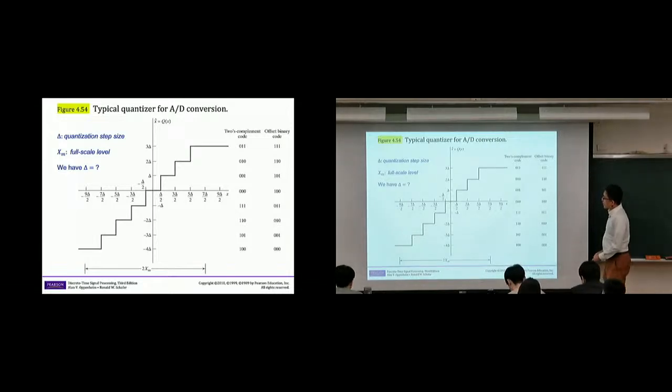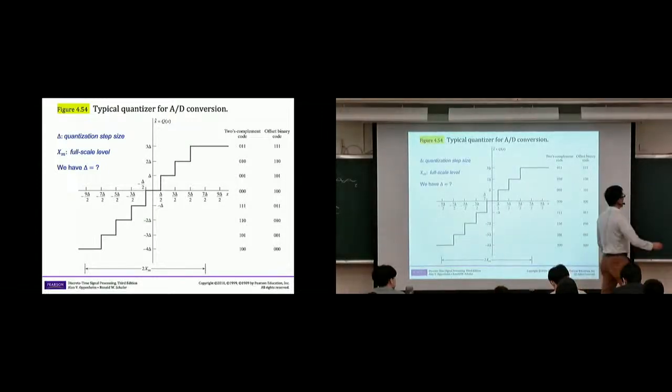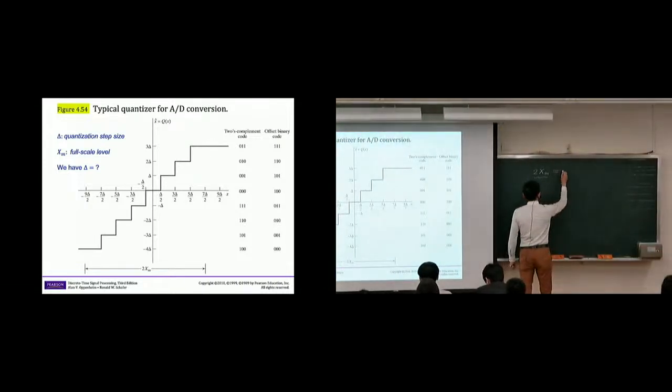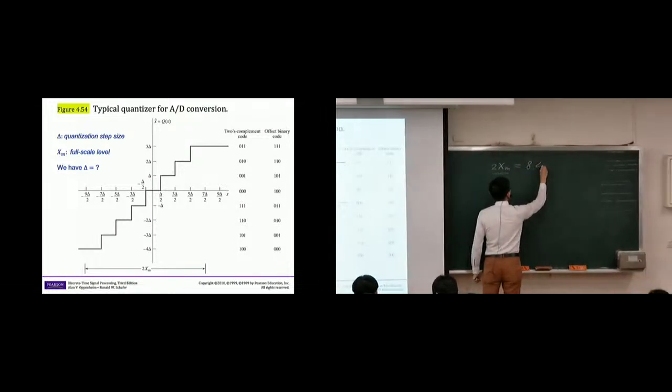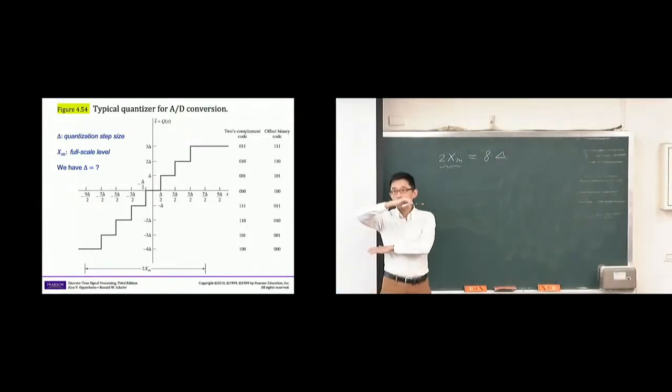Conceptually, I'm going to say this first. Since the full range is 2xm, 2xm should be equal to, in this example, 8 times delta. Can we agree on that? Roughly speaking.